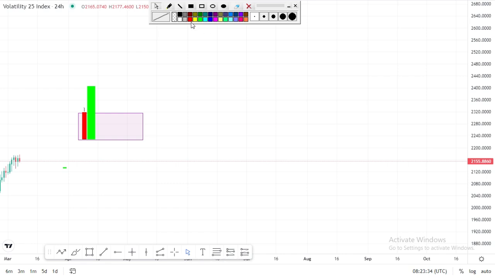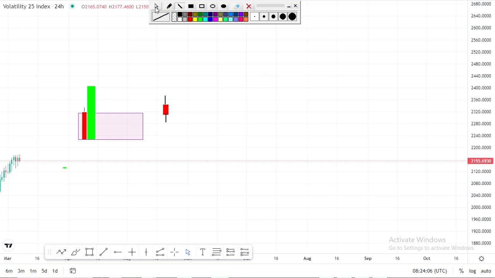Now there might be a situation where you have something like this, the price dropping this way. And at this point you might have wicks like this from here to here. Might also have something like this. Now where do you mark your order block?